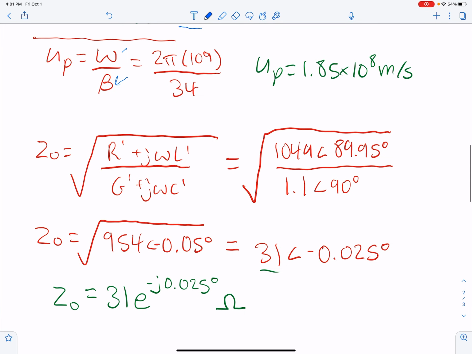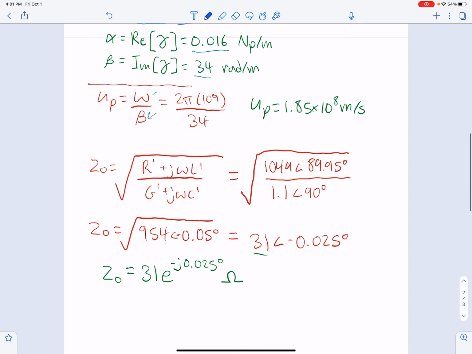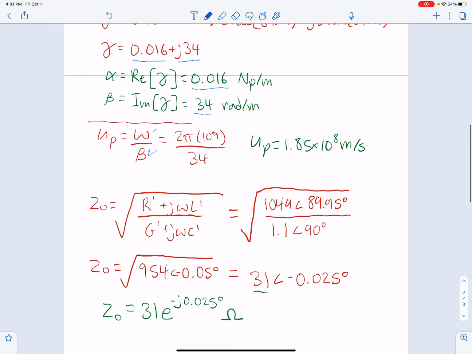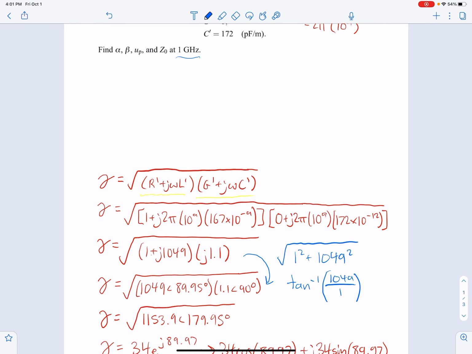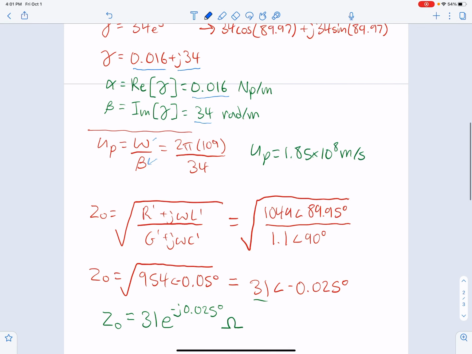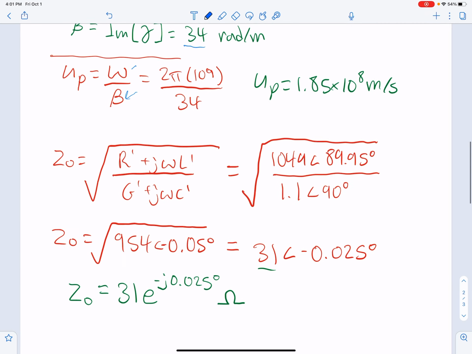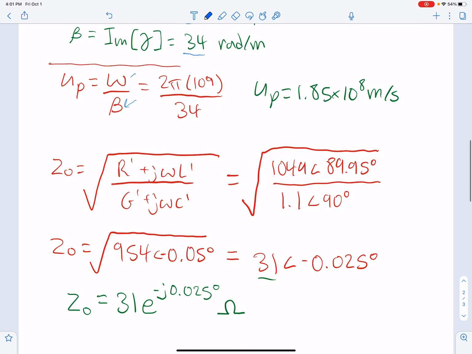And then after that, to solve for our characteristic impedance, we can actually use the same two parts that we used for the propagation constant, so not much more computation there. Since we already have it in phasor form, we can simply divide this time.